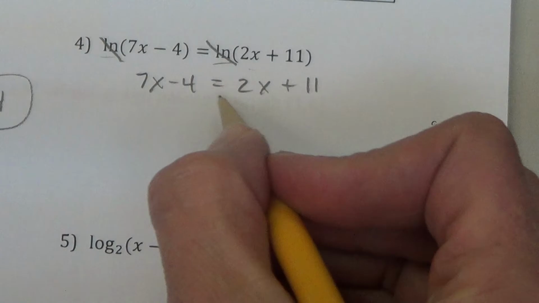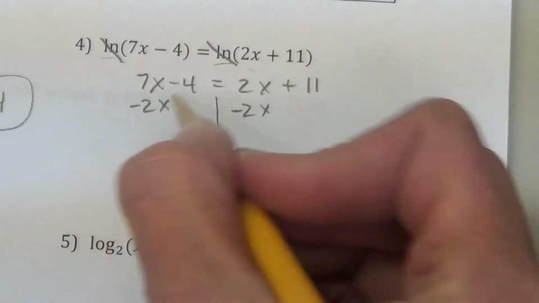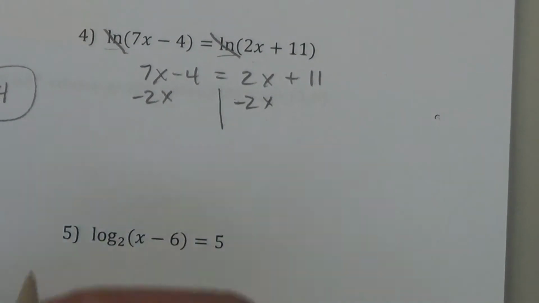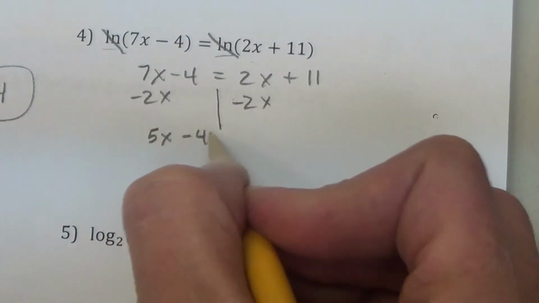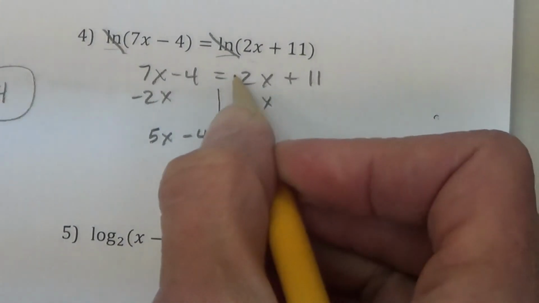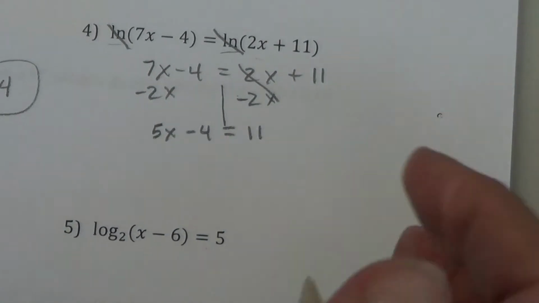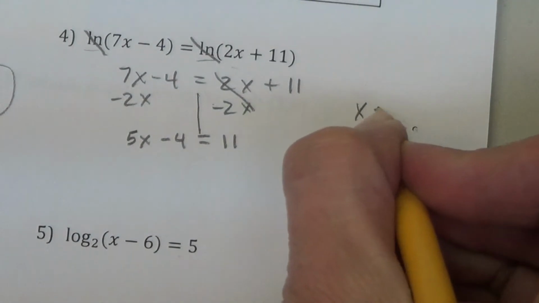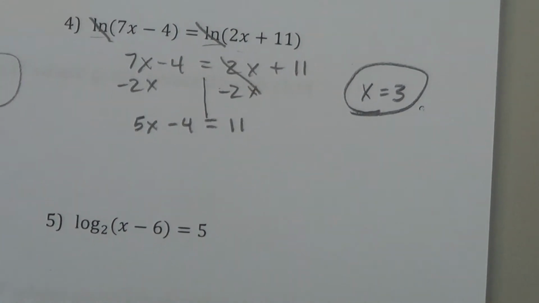First step that I do is subtract 2x from each side. So we have 5x minus 4 equals 11. That one canceled. So go ahead and solve that. If you do not end up with x equals 3, again, put it on the board when you first come into class. We'll go over it.